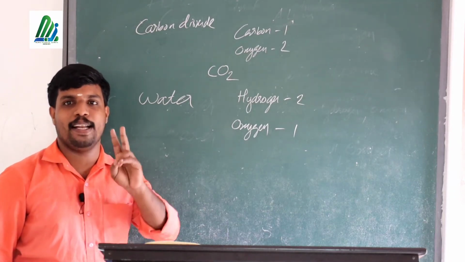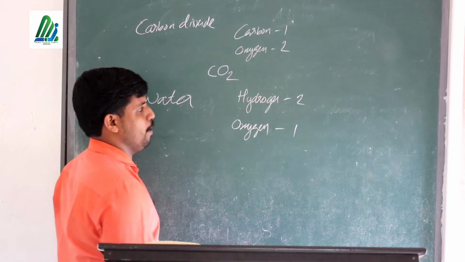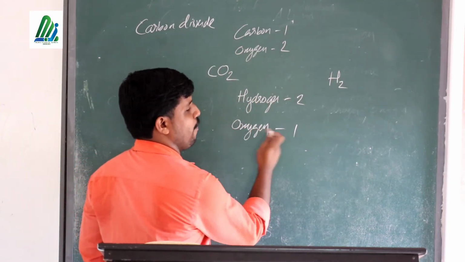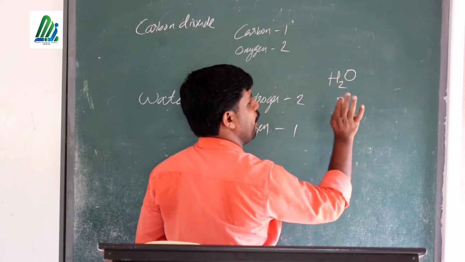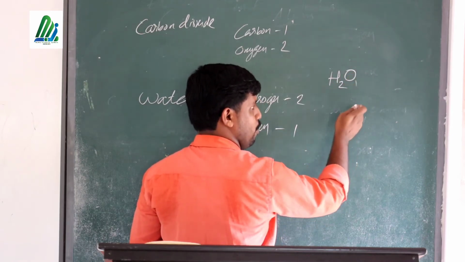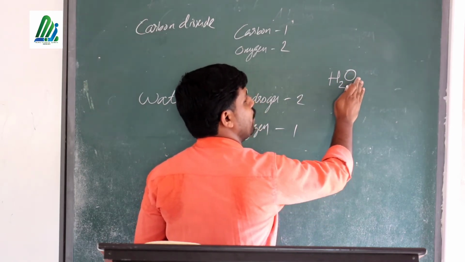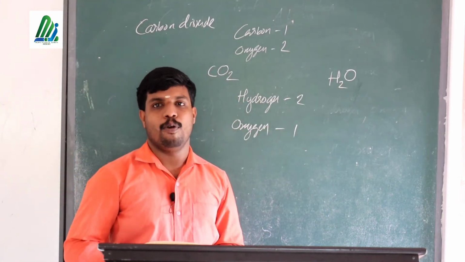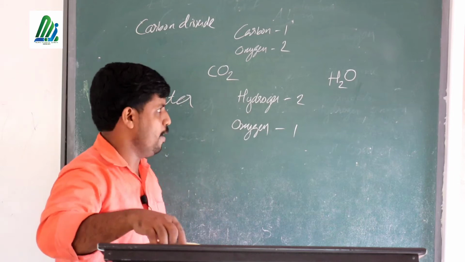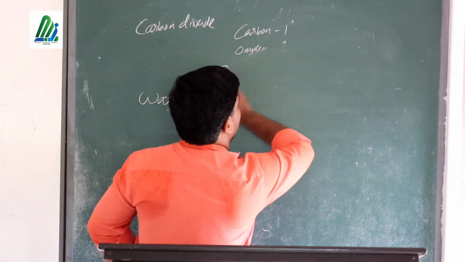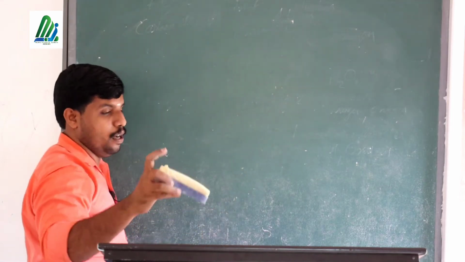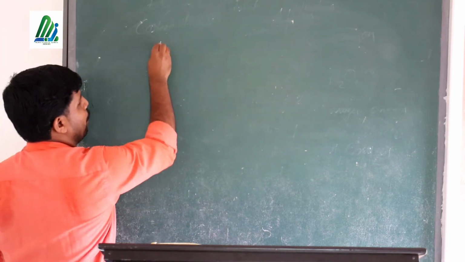Two hydrogen atoms, how do you write it? H2. One oxygen atom, we simply write O. There is no need to write 1, because if you write O, that itself is 1. H2O is the molecular formula of water.